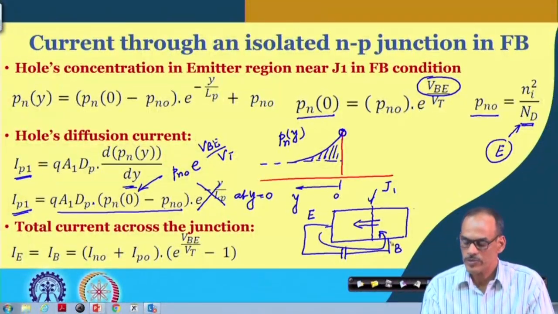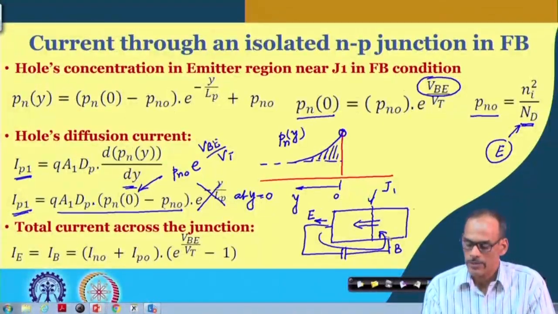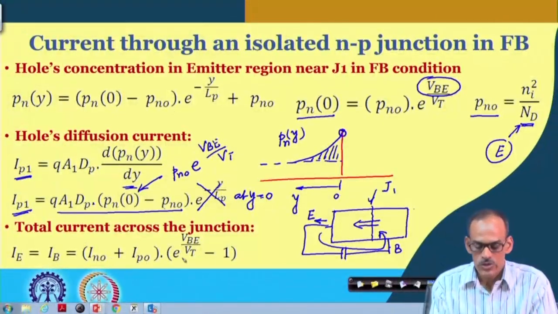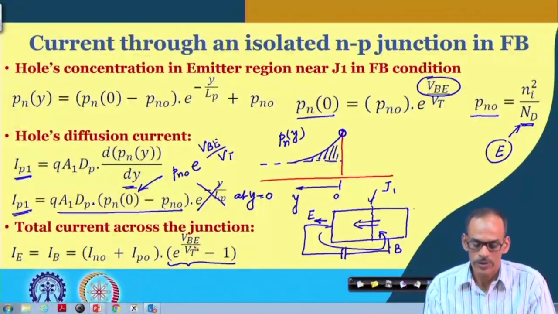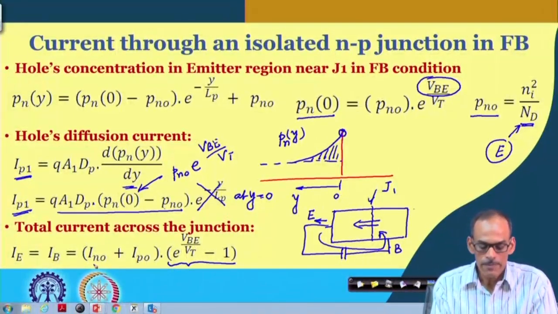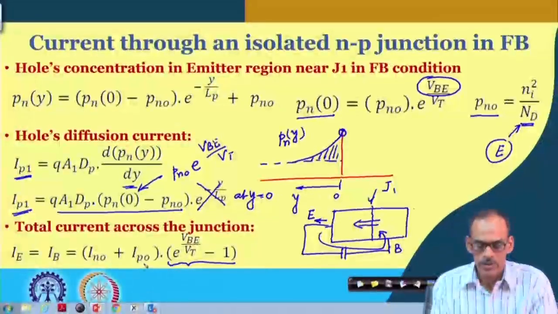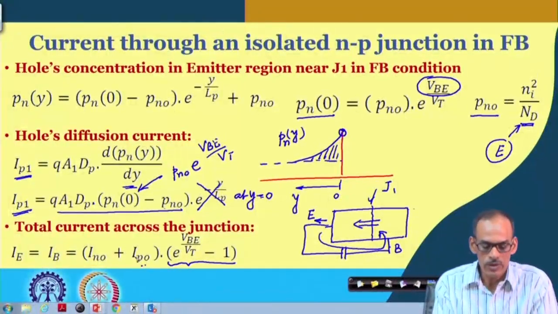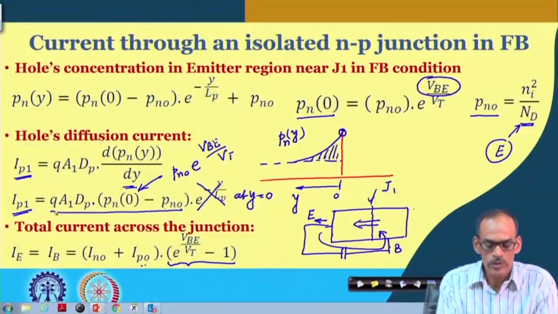Of course, this is also the base terminal current and also the emitter terminal current, Ib and Ie. They have the same exponential dependency on Vb multiplied by In0 and Ip0. So, what is this Ip0? It represents q A1 Dp and pn0.